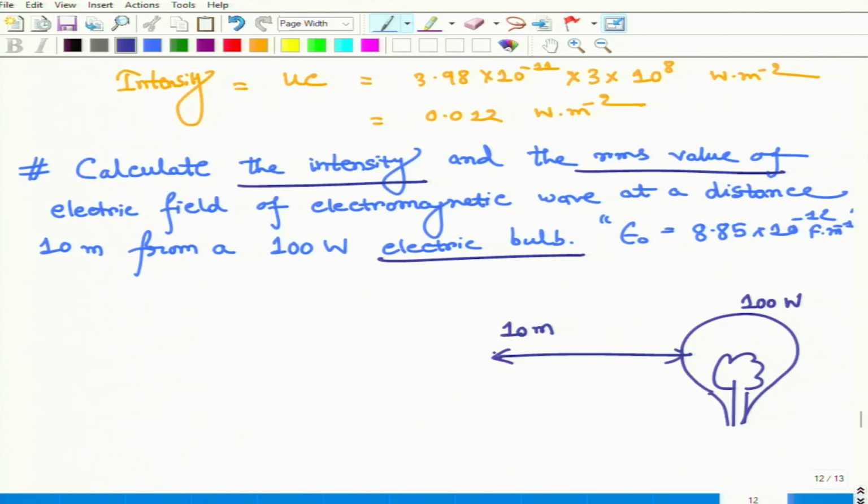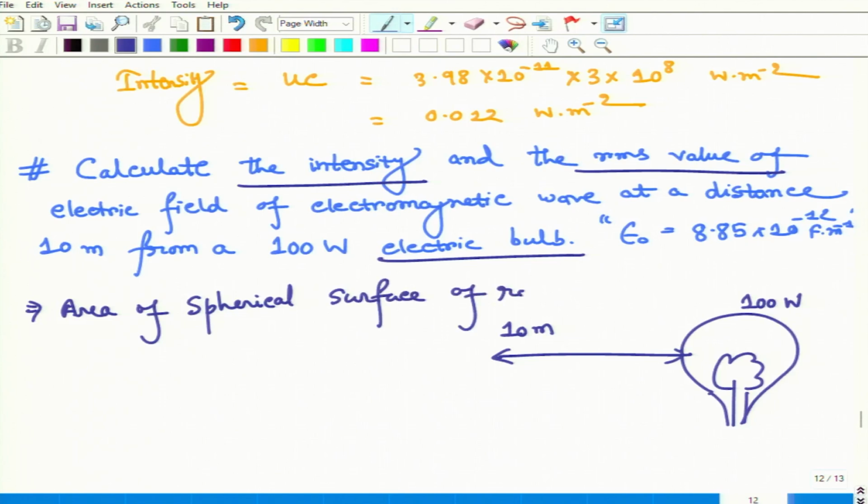So now we first have to evaluate the area, then we have to multiply the energy. Let's say at 10 meter, the area of a spherical surface of radius 10 meter.